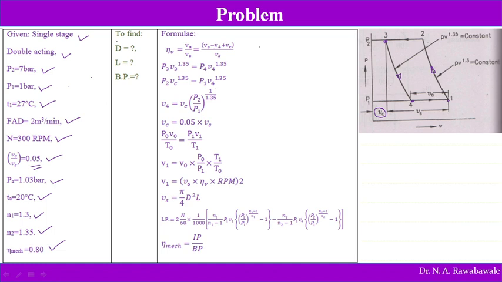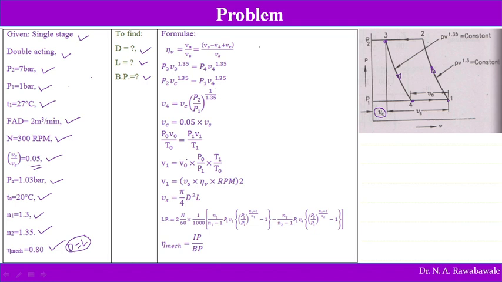Then we are asked to find the diameter of the compressor, the stroke length, and brake power. One more data given is D is equal to L, diameter is equal to stroke length, and both we have to find out. So we need to find D, L and BP.